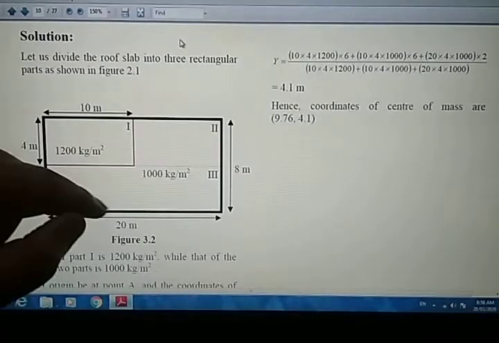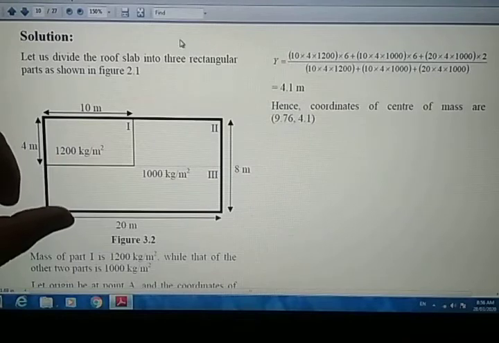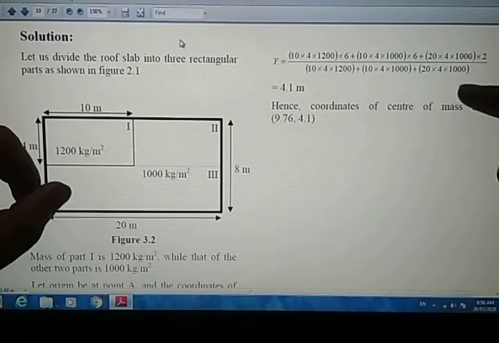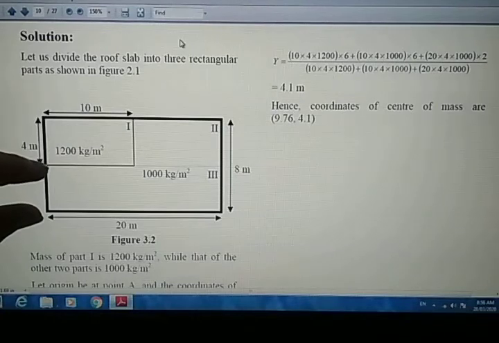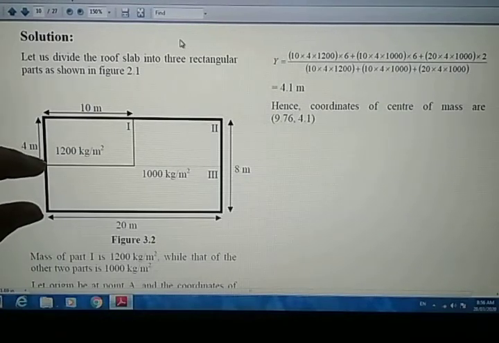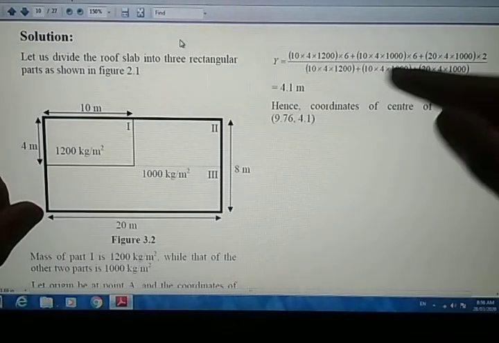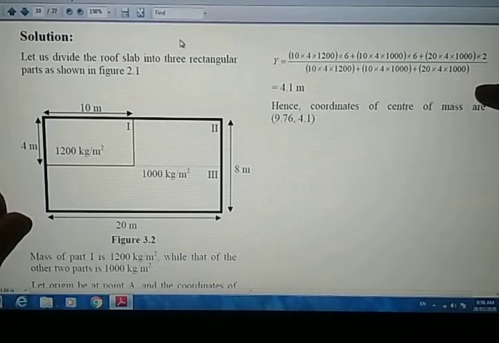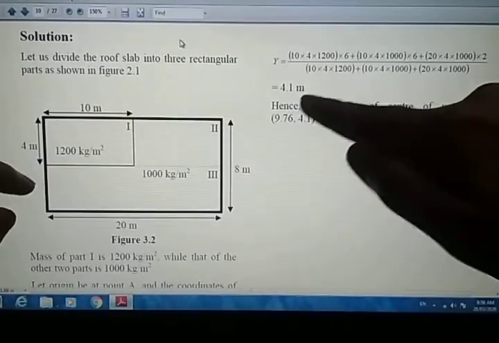And what will be the center of mass for this rectangular section having 20 into 4 dimensions? We calculate from this point. The midpoint along the y direction: 4 is the total length, so half distance is 2. You can see here this is 2, divided by m1 plus m2 plus m3 per unit area. After calculating we get 4.1.